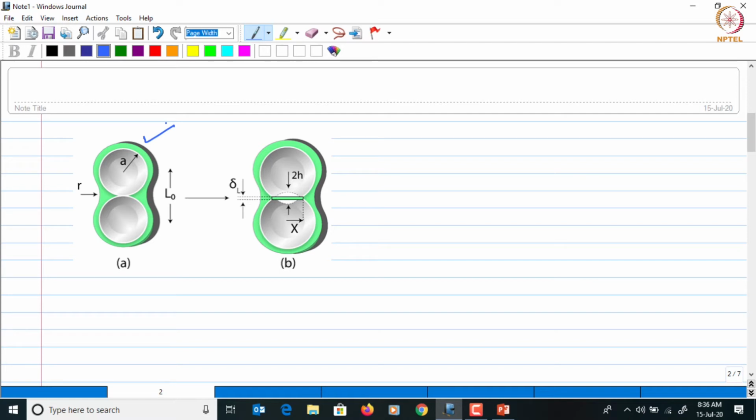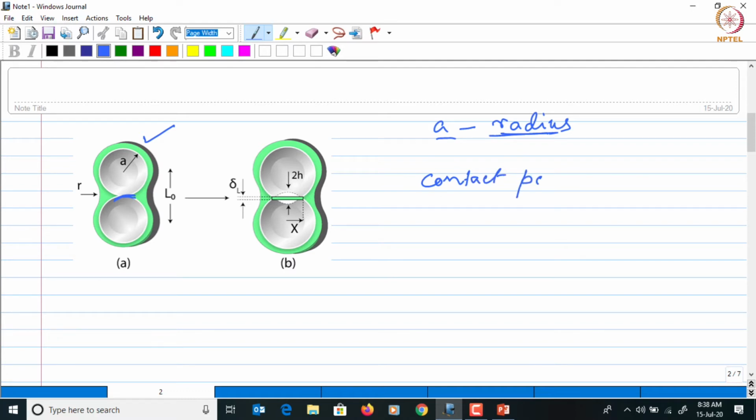Let's say the radius of the sphere is a, and these two are in contact. So the initial center to center distance is L0. Now the solubility at the contact points is higher compared to other places on the surface of the particles.